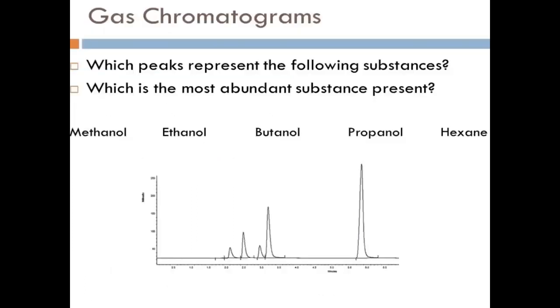Coming to gas chromatography, how is it going to help you? As the name indicates, in gas chromatography the mobile phase is gas. You ask which peaks represent which substances, and which is the most abundant substance present.